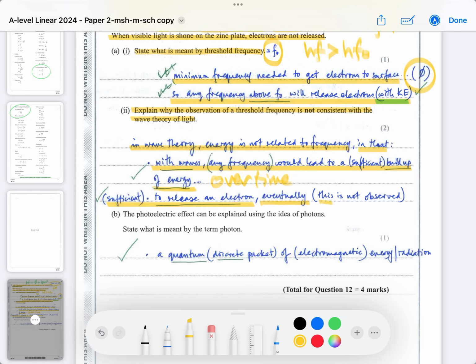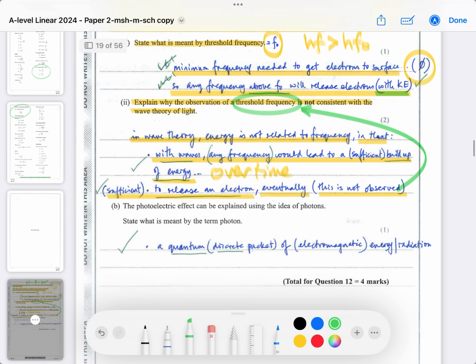And this is not observed. Because it's not observed, the wave theory of light cannot explain the concept of threshold frequency. It's not observed that electrons are released with any frequency.